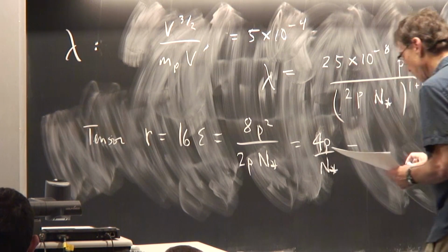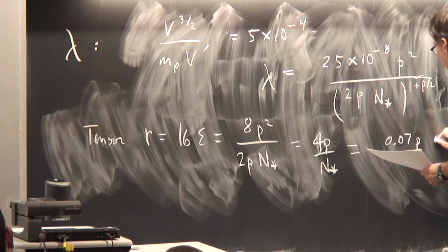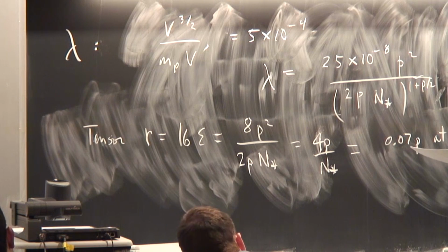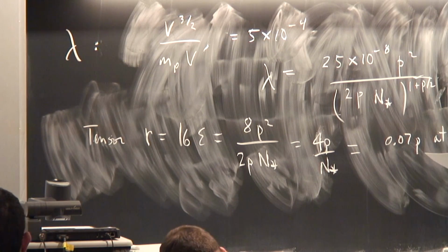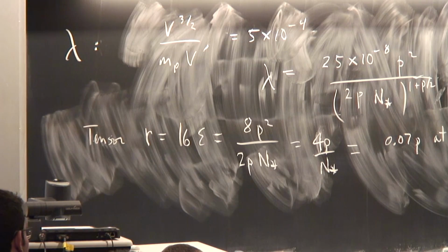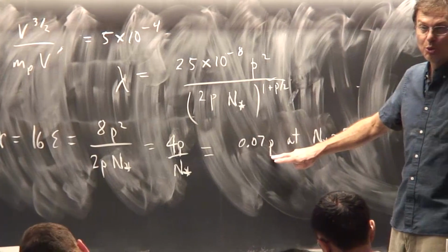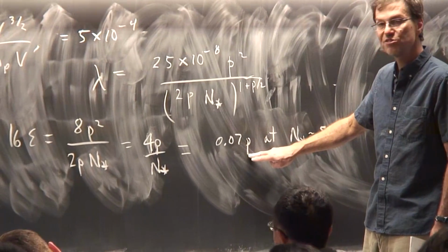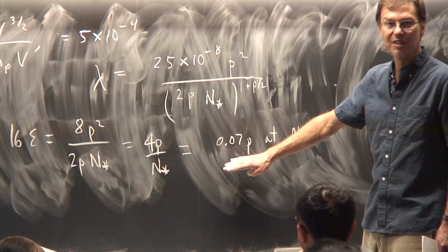So for instance, this is equal to 0.07p if N star is equal to 55, which turns out to be a kind of typical value. So you see now, if p is 2 even, just a massive scalar field, then we've already exceeded the upper bound from Planck.